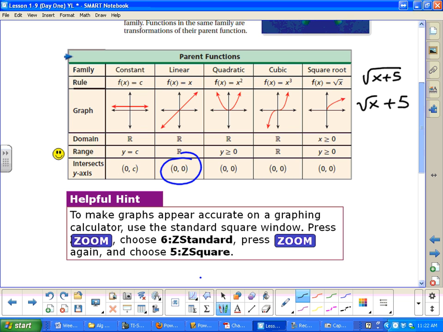All right. But if it's inside the parentheses, or in this case, under the radical, that means it's horizontal. If it's outside of the radical or outside of the function, added or subtracted to it, then it's a vertical change. Okay? All right? Okay.